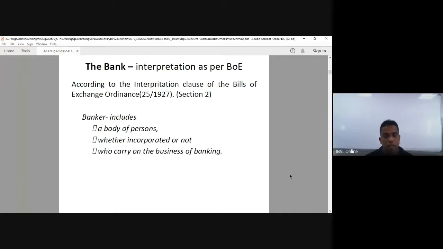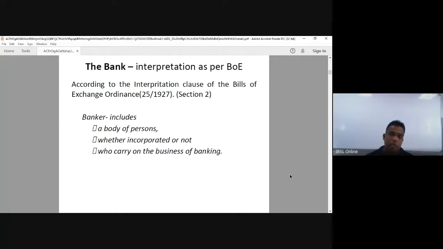So basically during this period, as per this definition, individuals, partnerships, a company, or even a society could carry on banking business, or they could be considered as a banker.